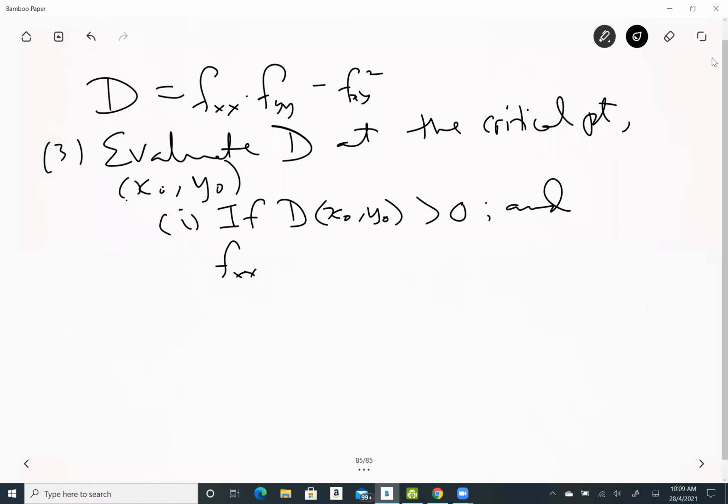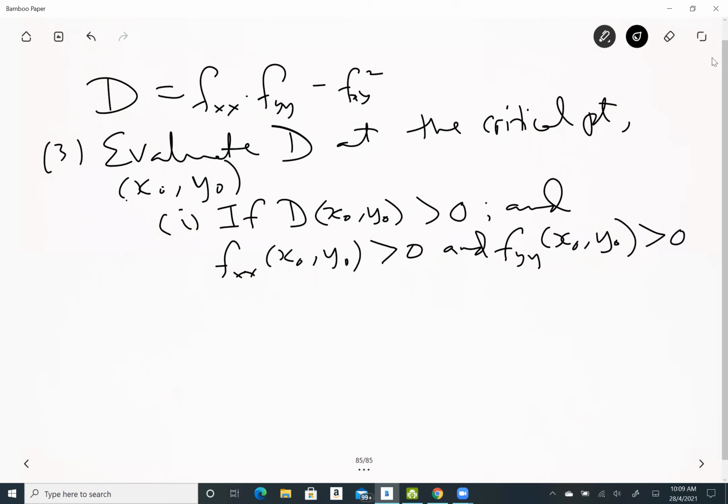fxx at that critical point is bigger than 0, and fyy at the critical point x0, y0 is also bigger than 0, then what do you have?